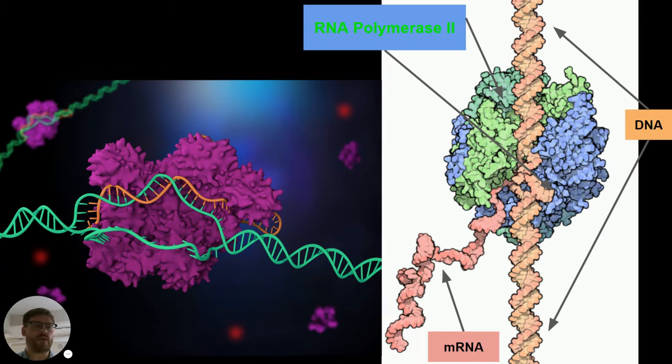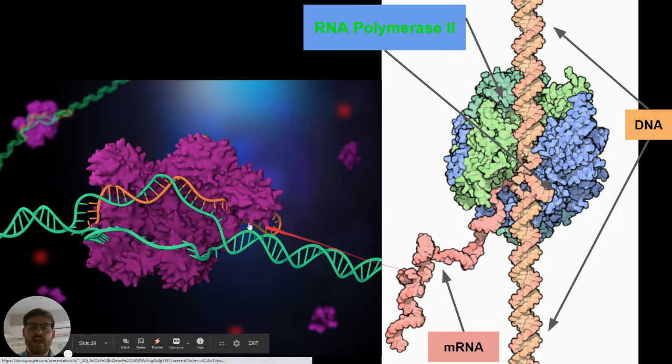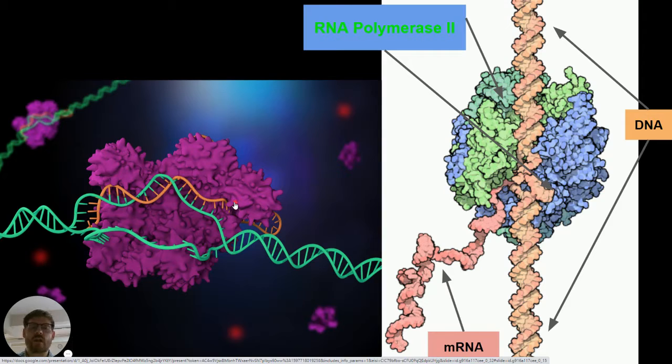It needs to be a complex because there are different parts of it that do different things. This whole polymerase is going to slide down the DNA, open up the DNA, and begin making copies of the DNA. So it's got a lot of different jobs to do, and so it needs different parts in order to do that.